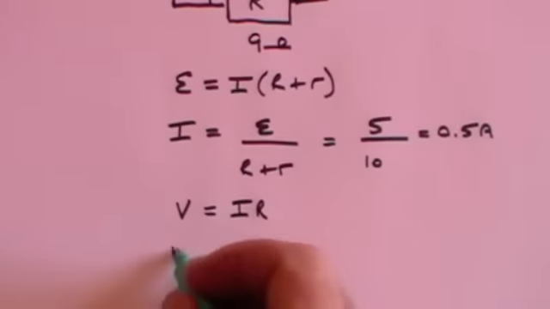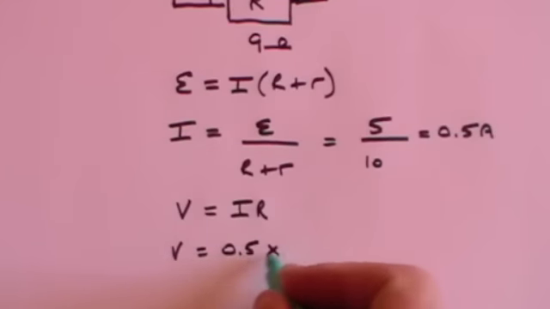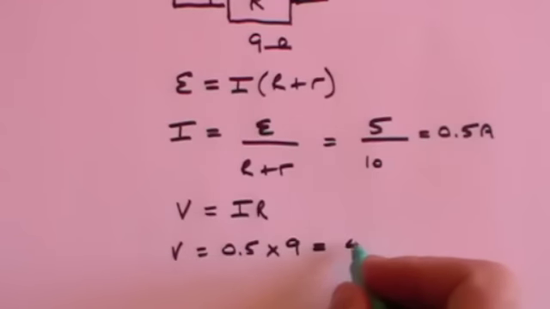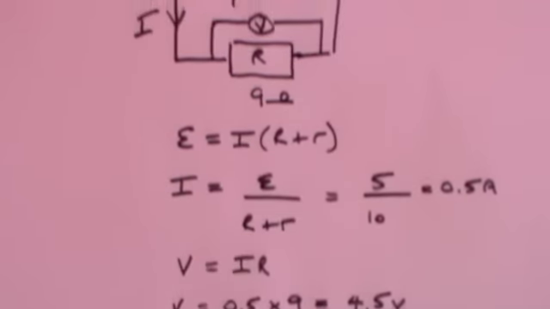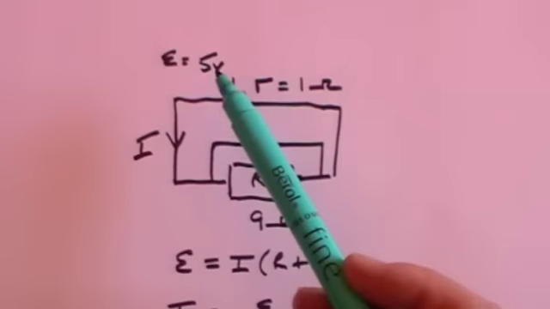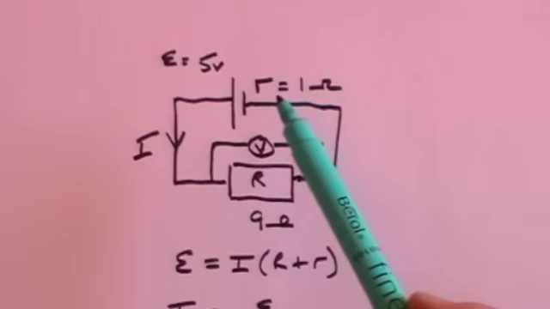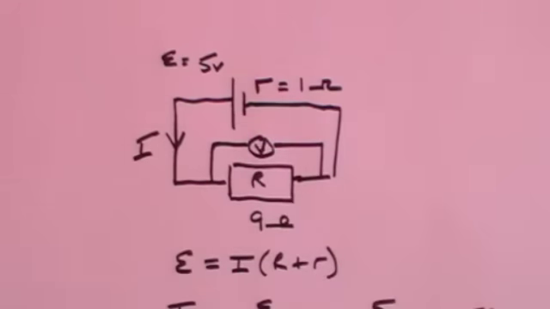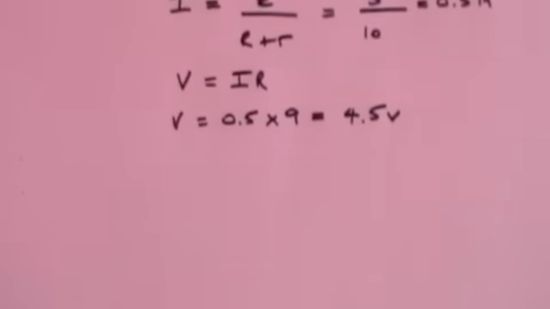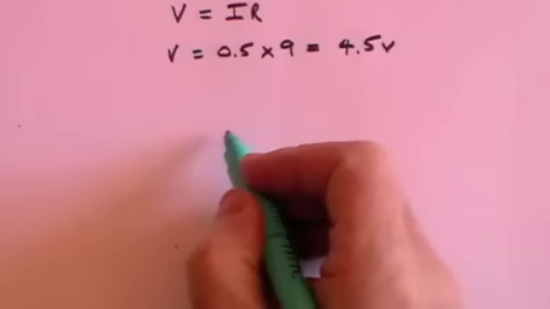So V is equal to 0.5 times 9, which is 4.5 volts. And now you can see calculated for yourself that the potential drop across the resistance, 4.5 volts, is not the same as the inherent voltage of the battery, which is 5 volts, because there is some potential drop across the battery itself.